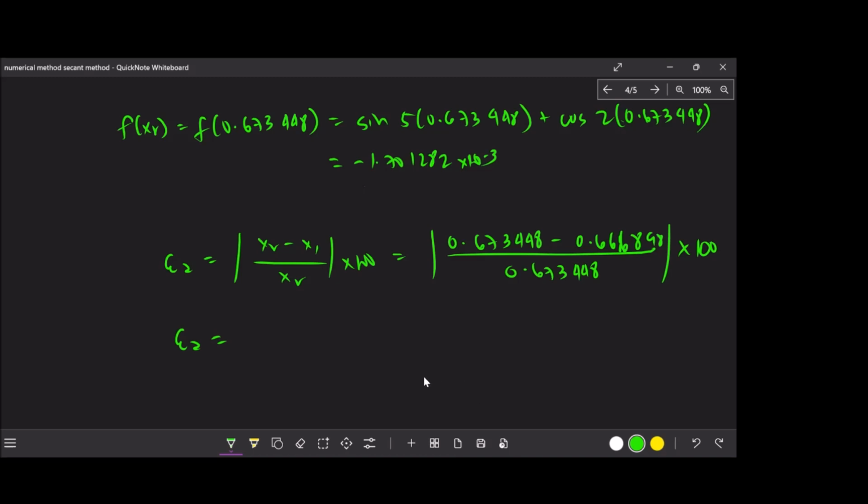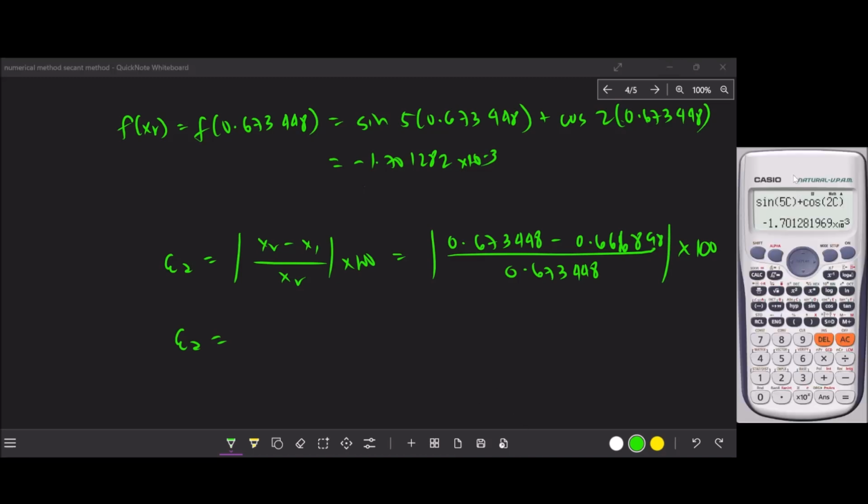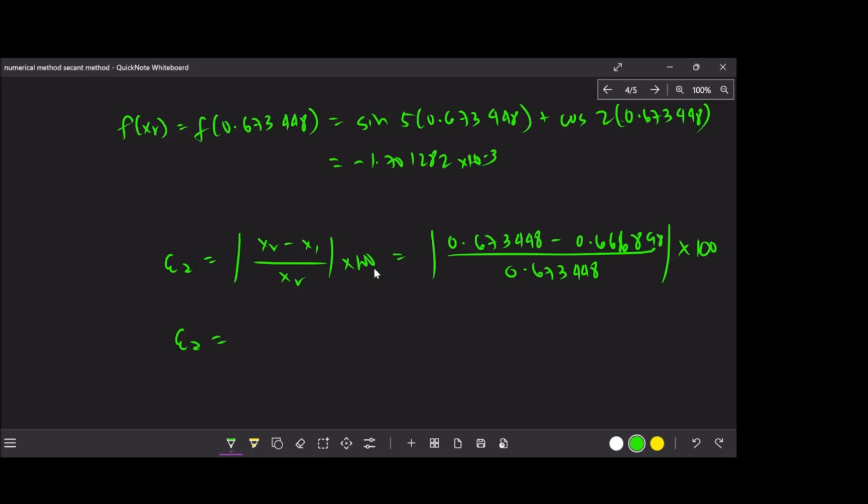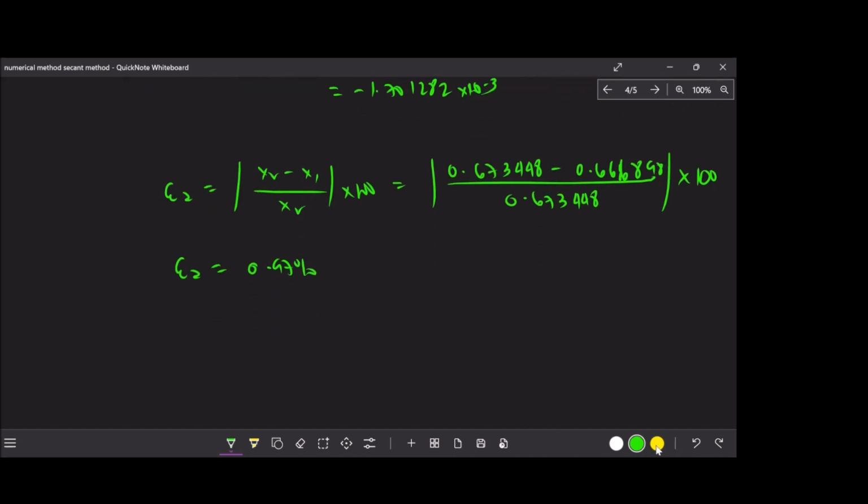So recall B minus A over C, times 100. Okay, so we have 0.97, so that is 0.97%. Okay, now we proceed to our iteration 4.